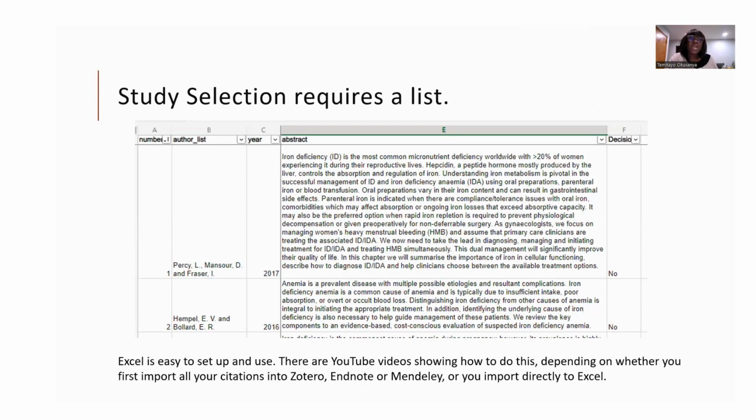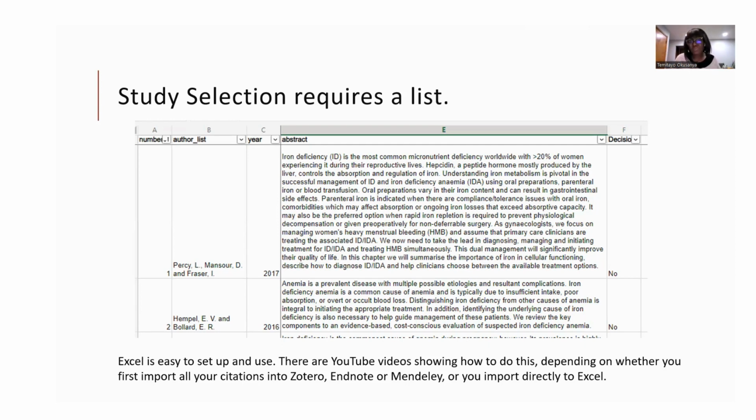Now, after getting all these papers, and it's a lot, you want to check what you want to look at from all of them. That's where the study selection criteria comes in. Here you would generally make an Excel spreadsheet: okay, I have so many papers.